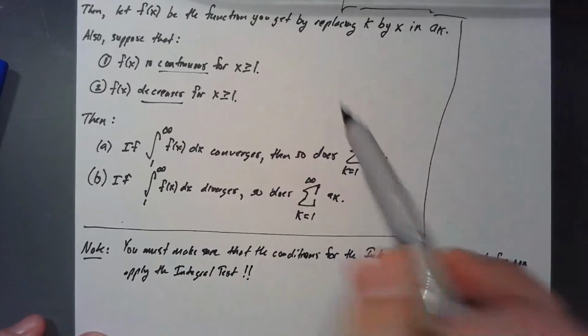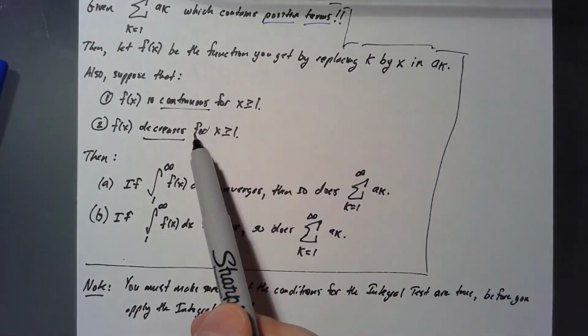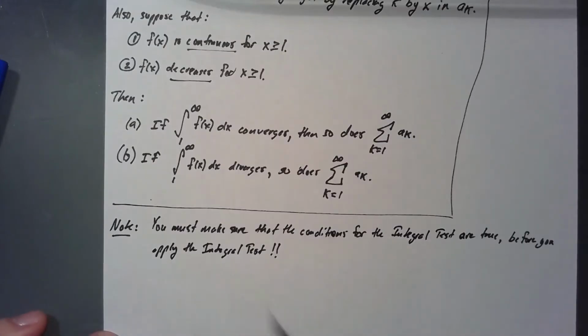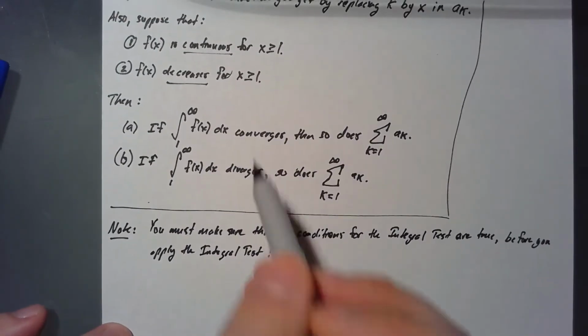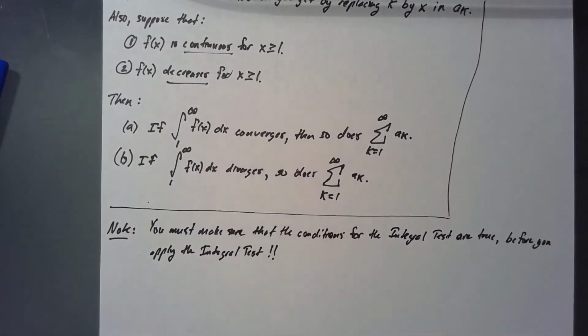What I'm saying is you have to make sure that it's a positive term series and it's continuous and decreasing for the series function. You have to make sure that that is true. And then once you do that, then you can apply this. Then you could do this part of the integral test. Okay.